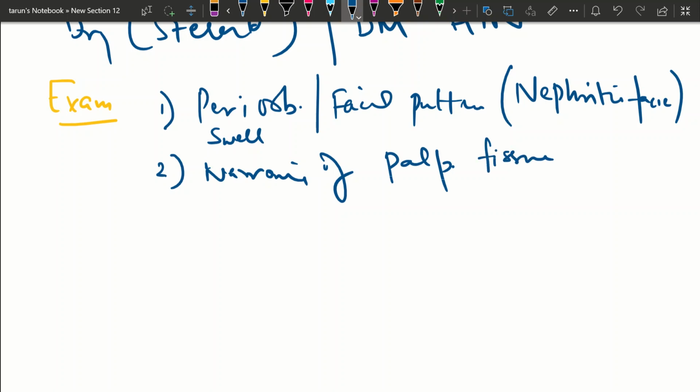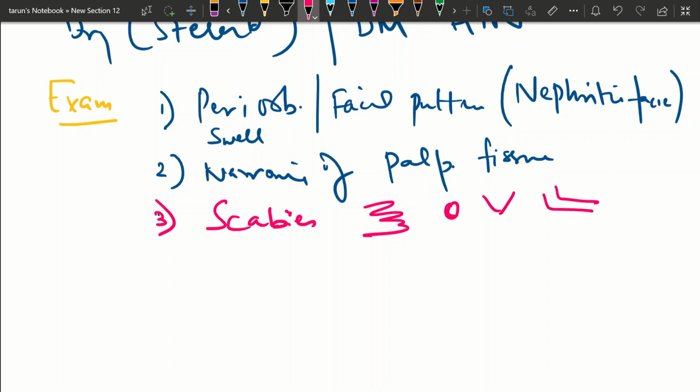And if there is involvement of the skin, then we can see the lesions of scabies, as we already discussed, on the finger webs, around the umbilicus, in the groin area, around the elbow, and below the nipple line.